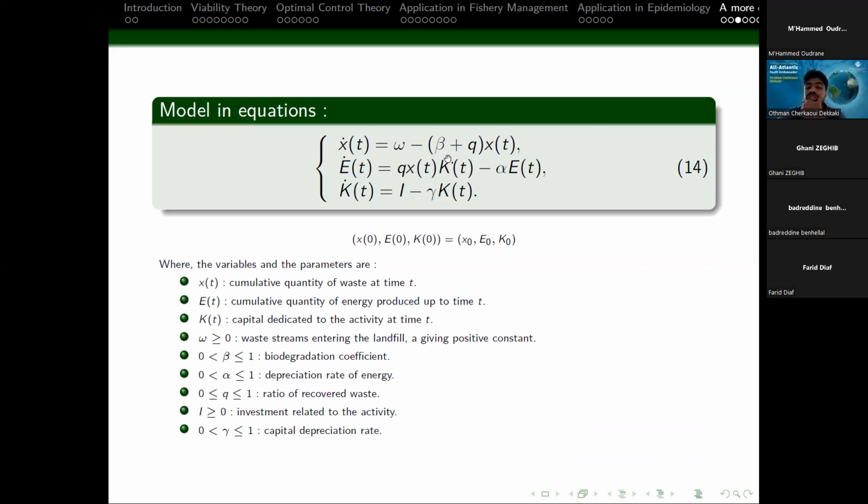We produce energy by putting waste into the processing unit. And the energy also depreciates with time, because everything depreciates with time. And the capital here is equal to E minus gamma K. This is how much the capital increases with all the investment we make, but we lose value throughout time, meaning anything economic loses value over time, so we lose gamma K.